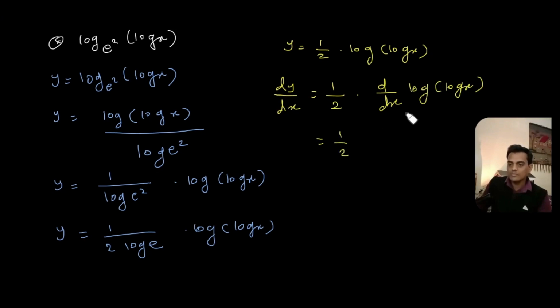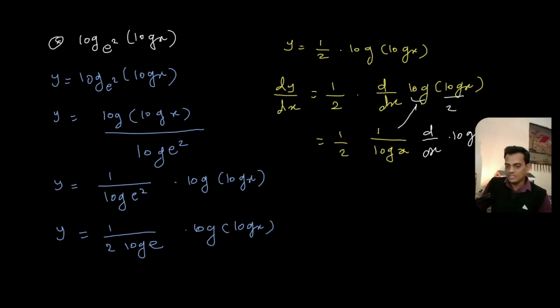The derivative of the first function, log, is 1 upon whatever is inside the bracket, which is x.